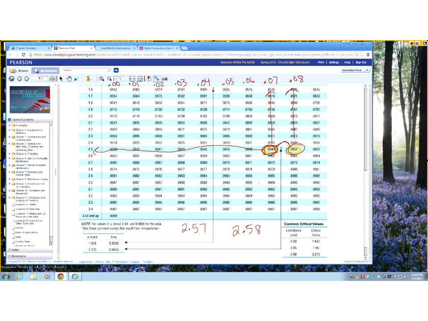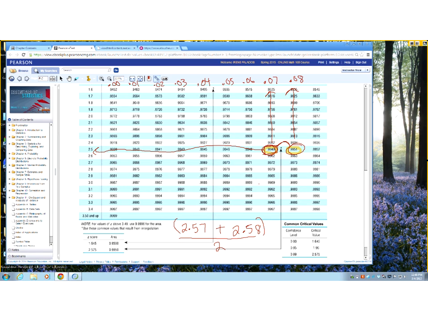So whenever we have an area that is exactly in between the two given areas, then you take the z-score for the first area, which is 2.57, and then the z-score for the second area, which is 2.58. You average that out. So you add it together and divide by 2.